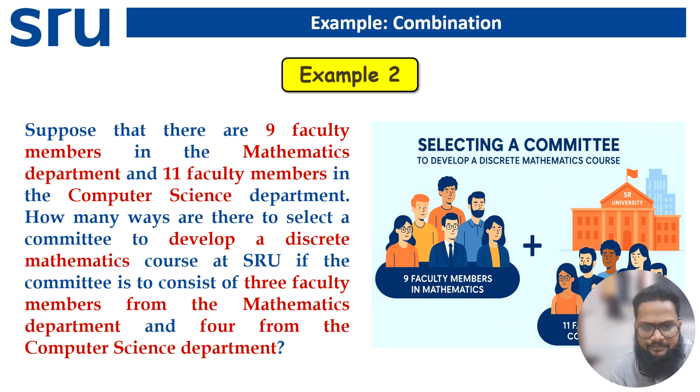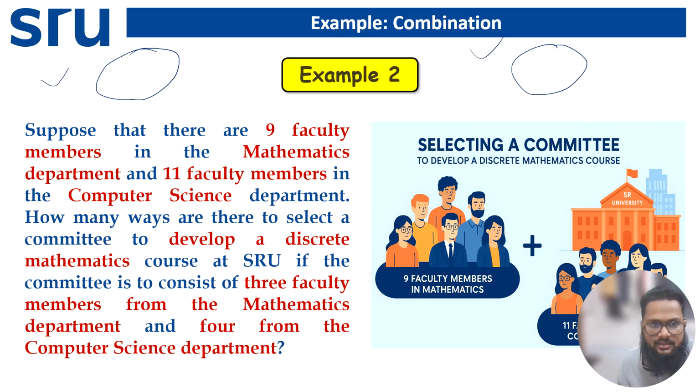It's very easy. Here we are going to use combination, but two different things you have to see. So we will see different sets. This is the first set, this is the second set. Completely these two sets are different. Here we are using math faculties, here we are using CSE faculties. From the maths, n is 9, but you need only 3 faculty from this department, so r is 3.